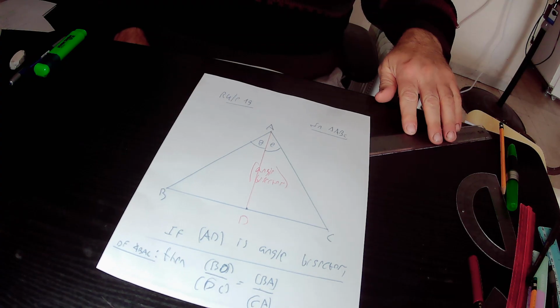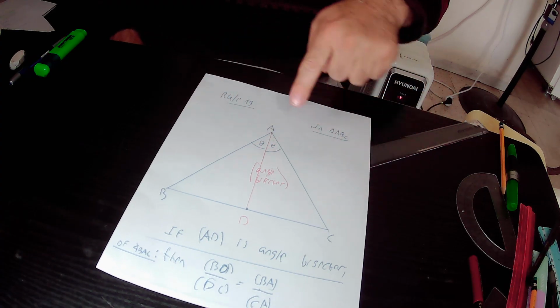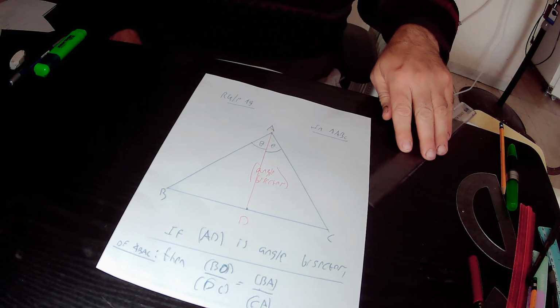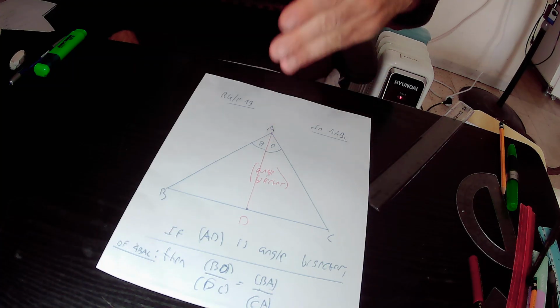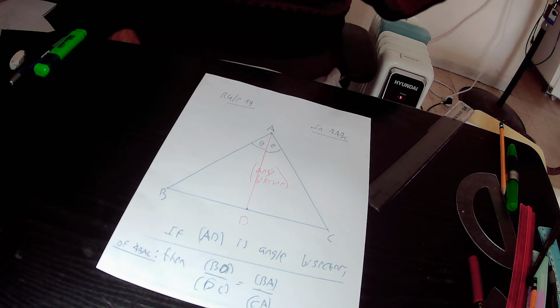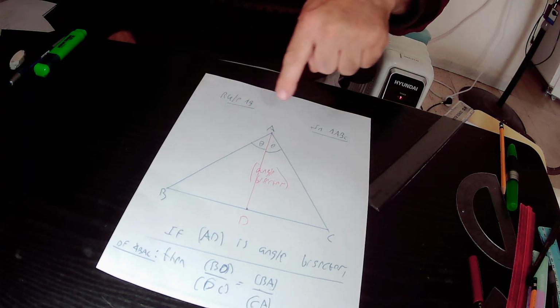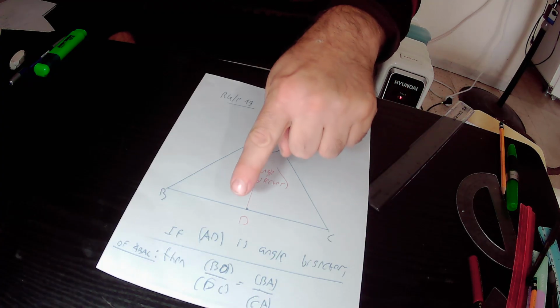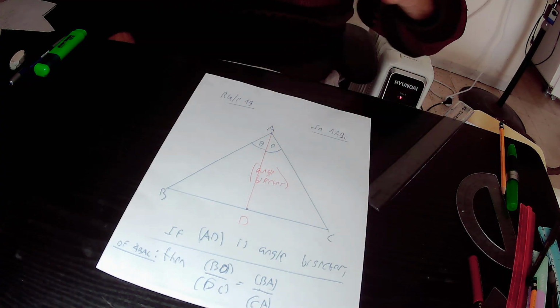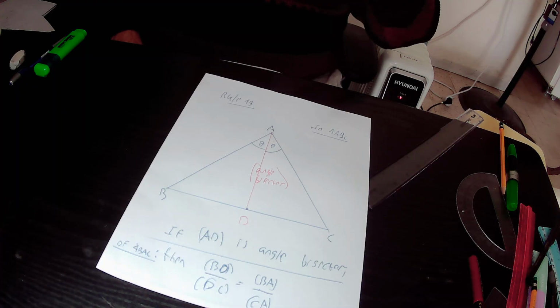That is to say, BD over DC equals to BA over CA. So you can implement rule 19 in our drawing.